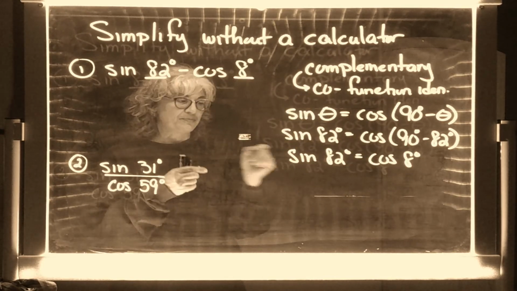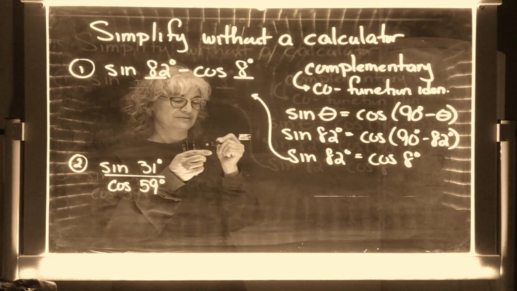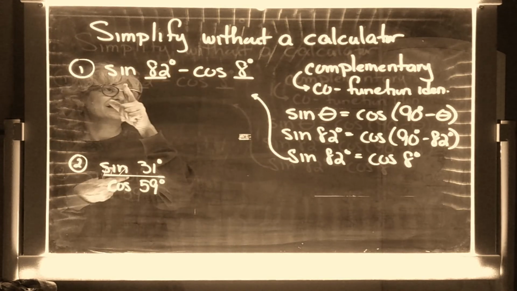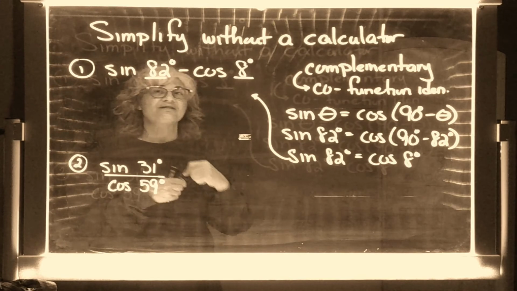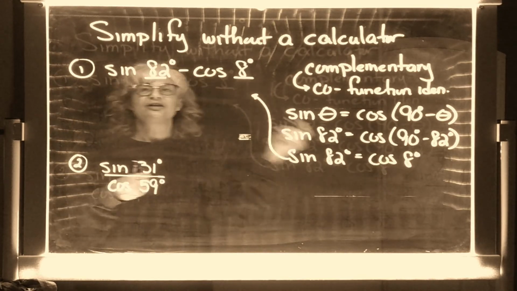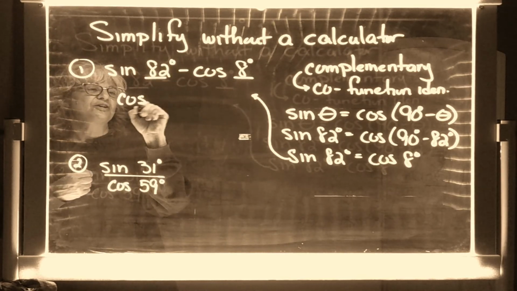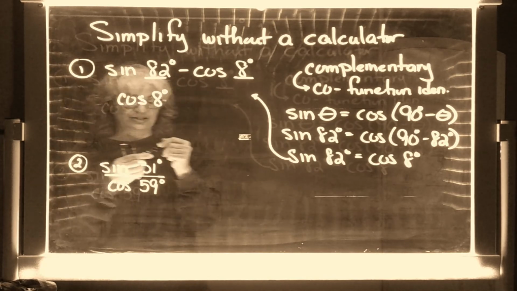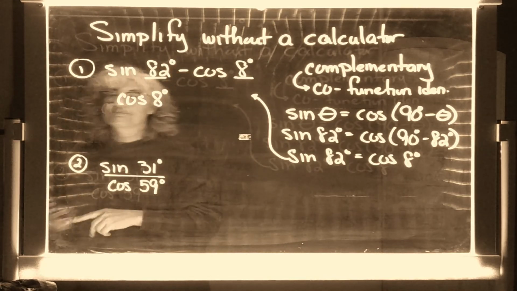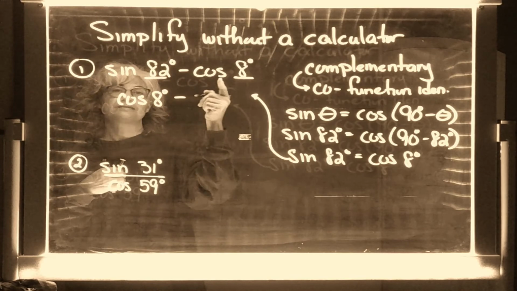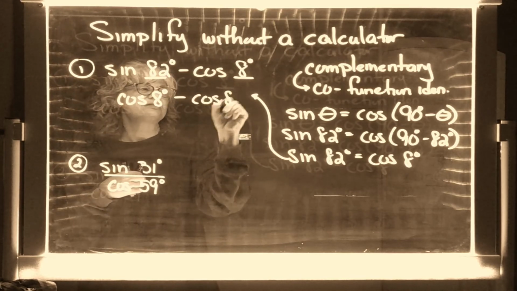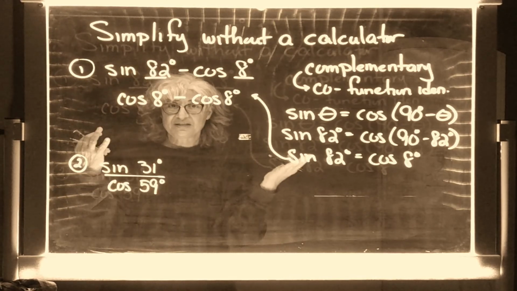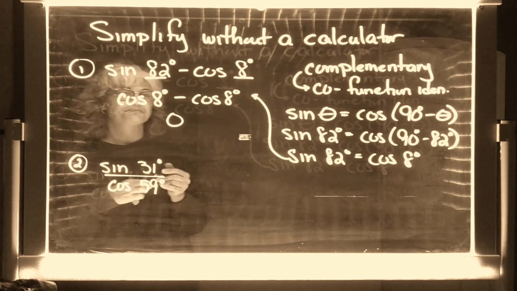Which means back over here, instead of saying sine of 82 degrees, I can substitute in cosine of 8 degrees. So I can say the cosine of 8 degrees minus the cosine of 8 degrees. That would just give me 0.